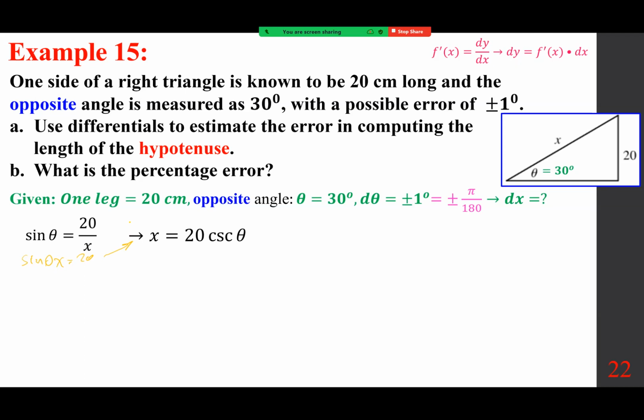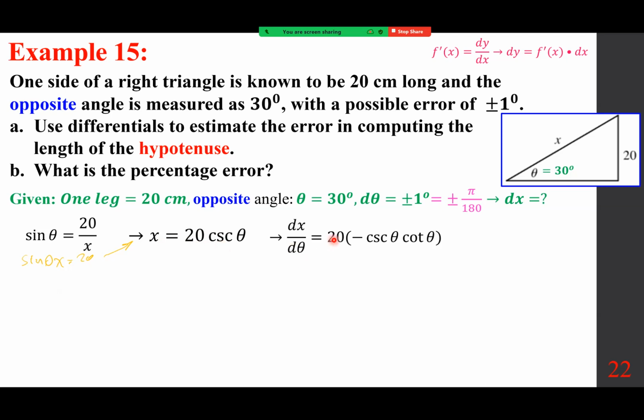Now, since I want dx, first I'm going to differentiate and I'm going to get dx d theta because my independent variable is theta. It's important to understand it's dx d theta. When I differentiate that, 20 remains. The derivative of cosecant is negative cosecant cotangent.